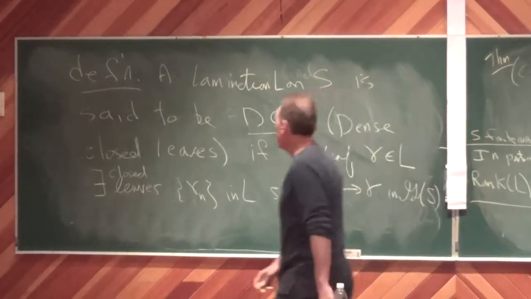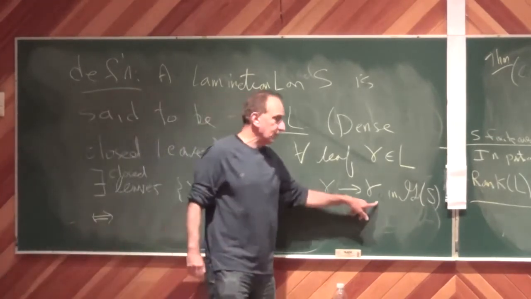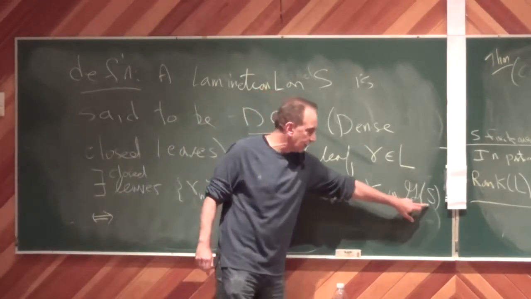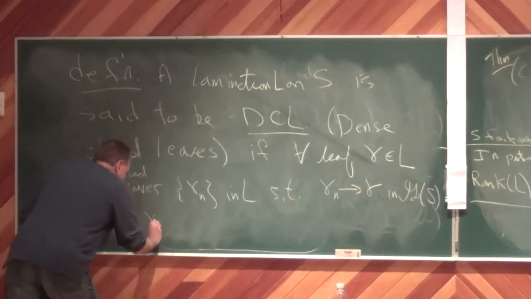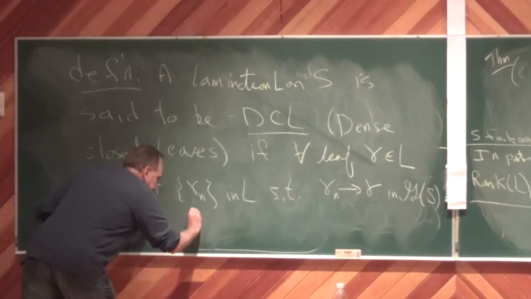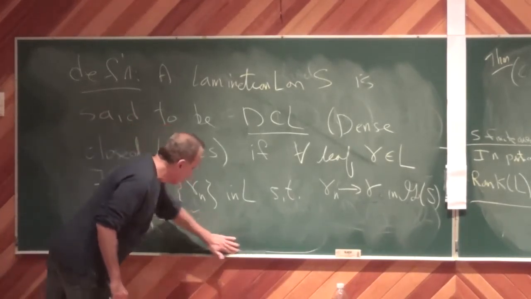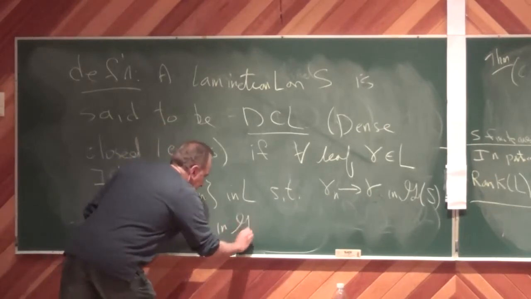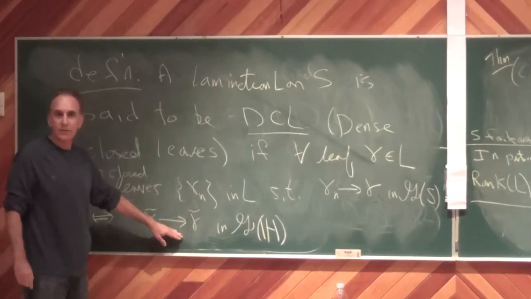This is equivalent to saying, remember I gave that equivalent formulation of what convergence should mean at the surface level of the space of geodesics: there are lifts, gamma tilde and gamma_n tilde, where this converges to this in the space of geodesics on H.